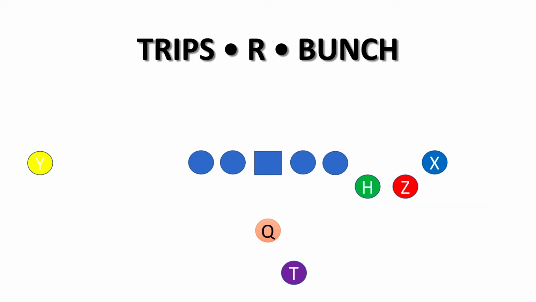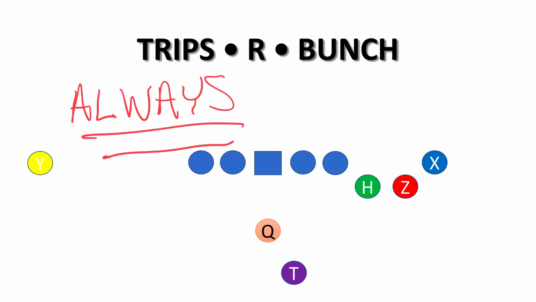All right, and then we get into trips right bunch. So bunch, remember, is always definite. The more times you can use this word, or words that mean definitely, when you're installing with your kids, the better, because they don't have to second guess themselves: what if it's this, what if this, then that. Those situations stink.